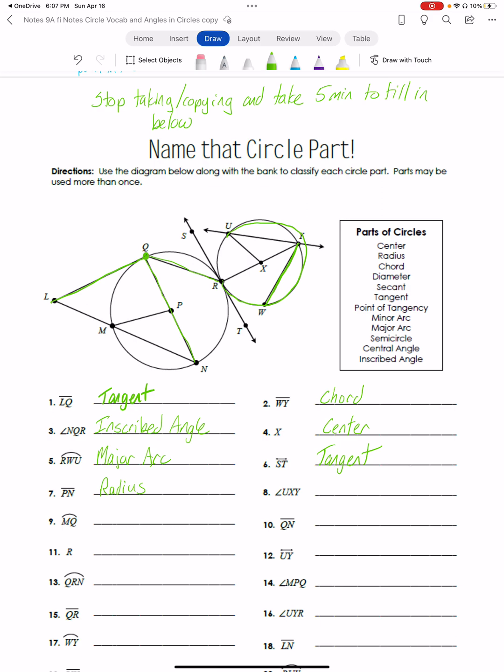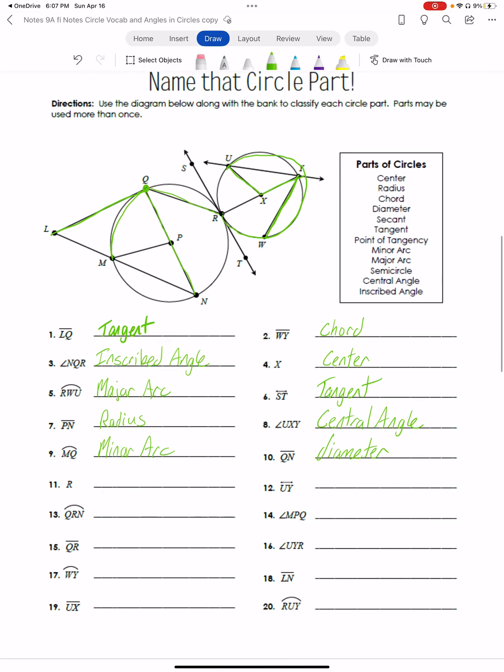Angle UXY is an angle that comes from the center, so it's a central angle. MQ is an arc that is less than 180 degrees, so that is a minor arc. QN is a diameter. Point R is a point of tangency.